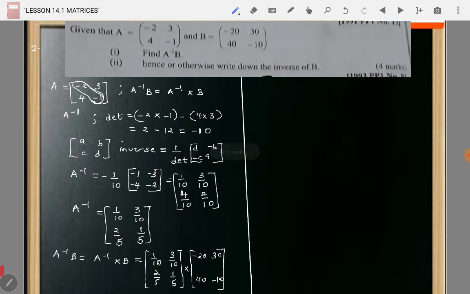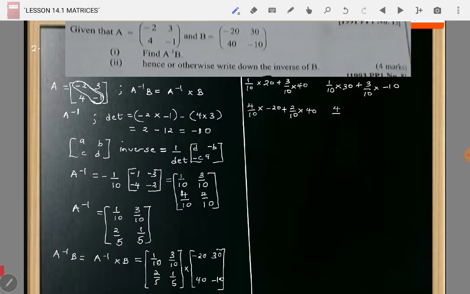When you multiply all the values, we are going to have 1 over 10 times 20 plus 3 over 10 times 40. Then 1 over 10 times 30 plus 3 over 10 times negative 10. There are lower values. We are going to have 4 over 10 times negative 20 plus 2 over 10 times 40.